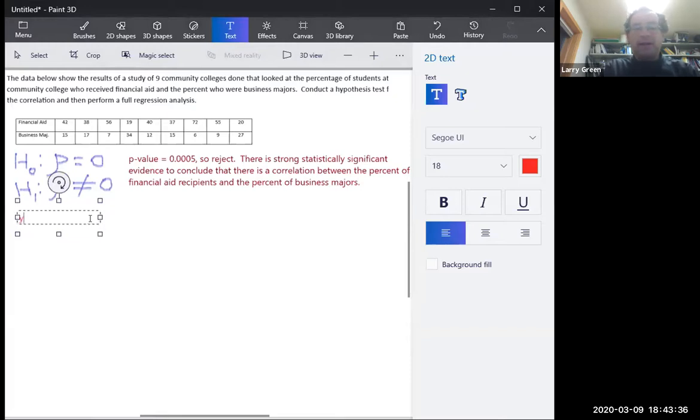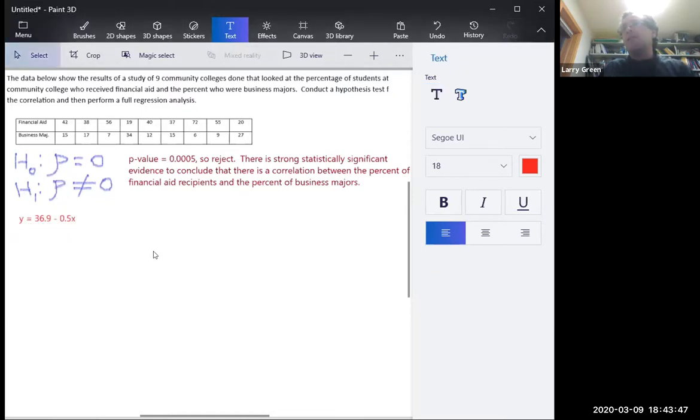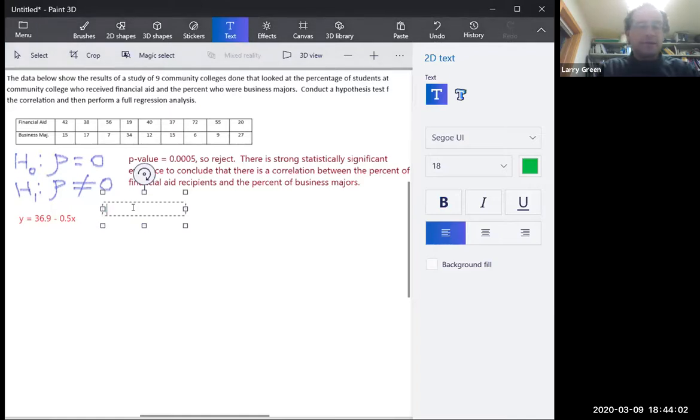I want to remind you that we had y equal to 36.9 minus 0.5x. That was the equation of the regression line. Any questions on that? So let's interpret the slope.